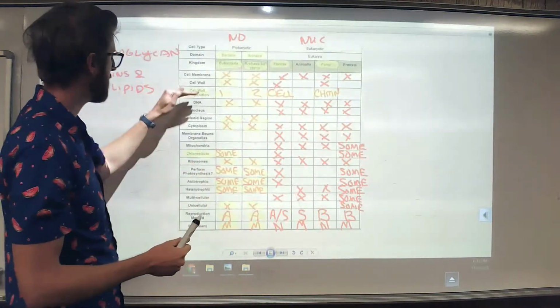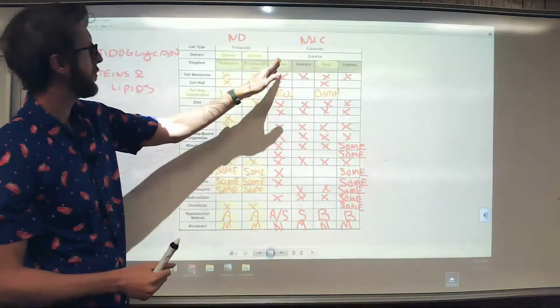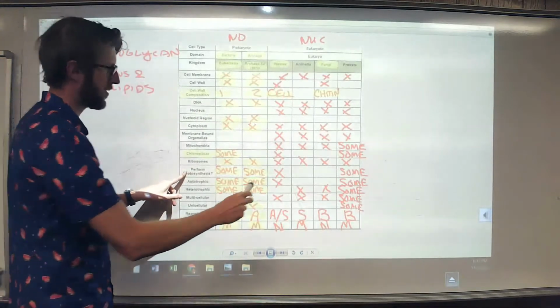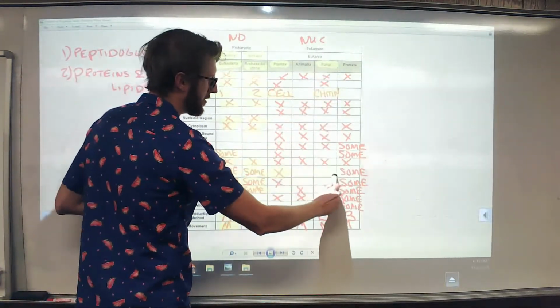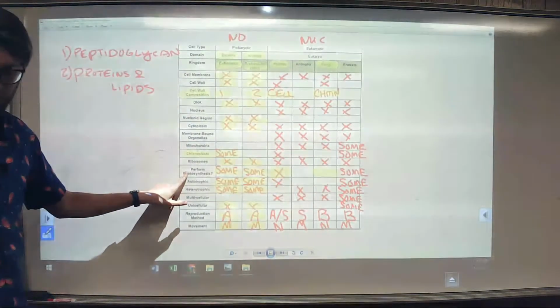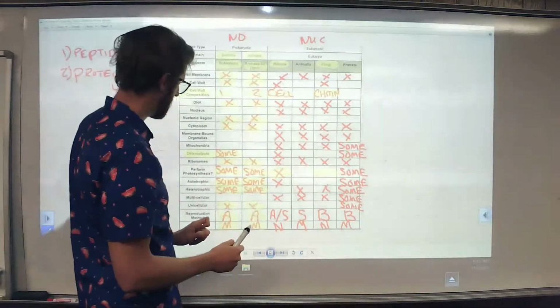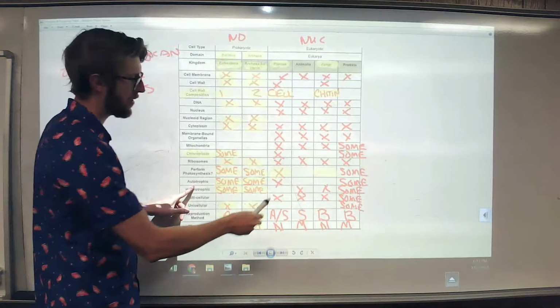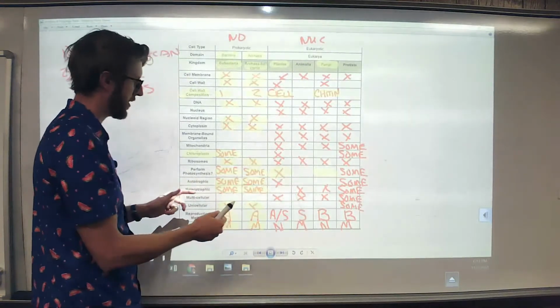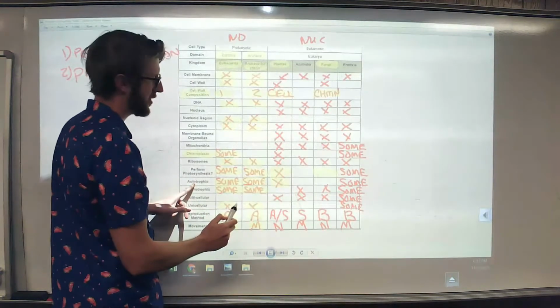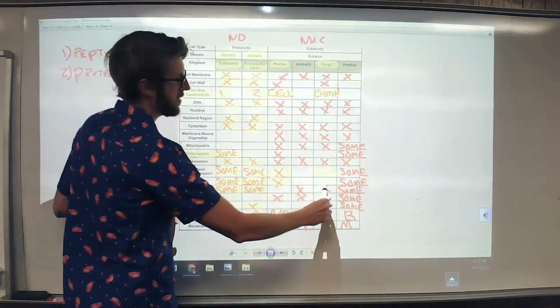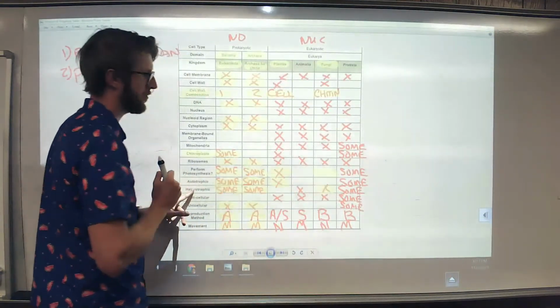The other thing is that plants do photosynthesis and fungi do not do photosynthesis. And the last thing is how they eat, where they get their energy from. Plants are autotrophic and fungi are heterotrophic.